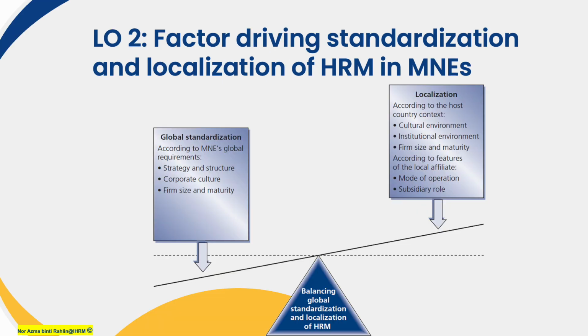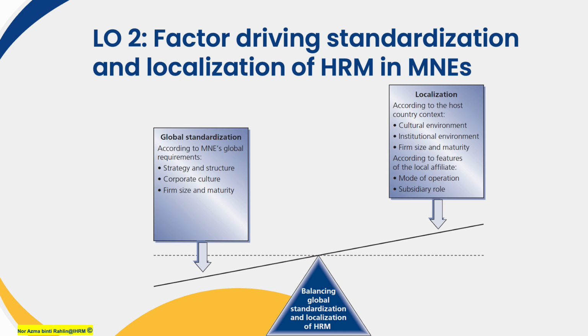Moving on, learning objective number 2, factors driving standardization and localization of human resource management in multinational enterprises. As you can see in this slide, we have what we call global standardization on one side, and on the other side is localization.